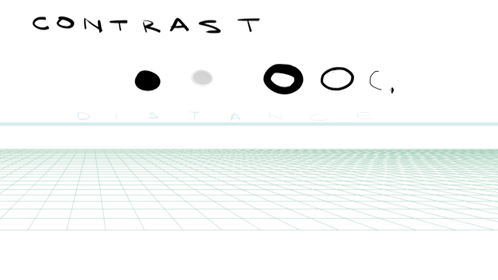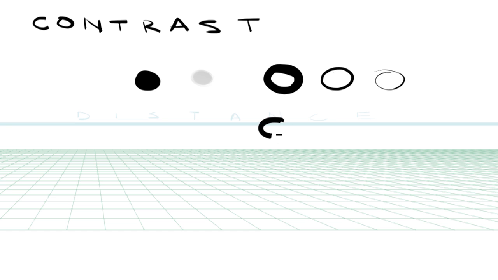Versus something over here, let me exaggerate a bit more, something like this, which is a thinner line. So when we talk about line weight for showing distance, it's the basic concept that the thicker the line weight, the more contrast you're creating. So you're creating a kind of false focal point.